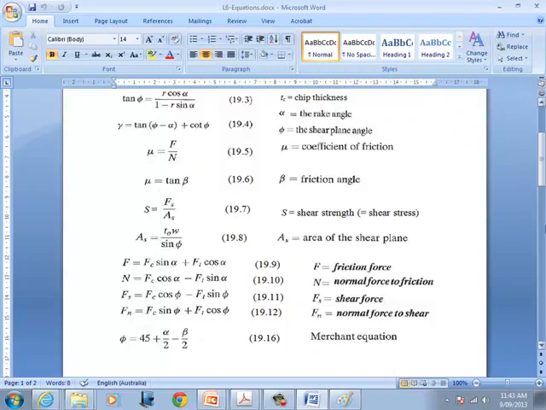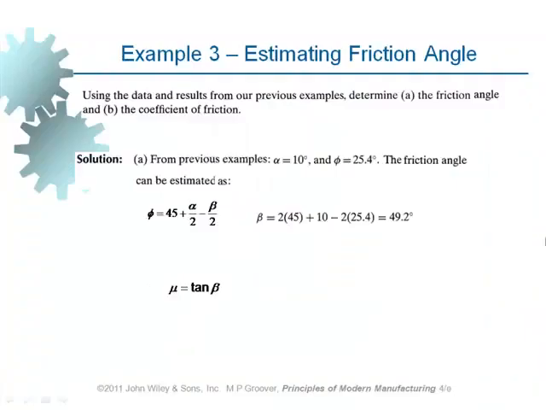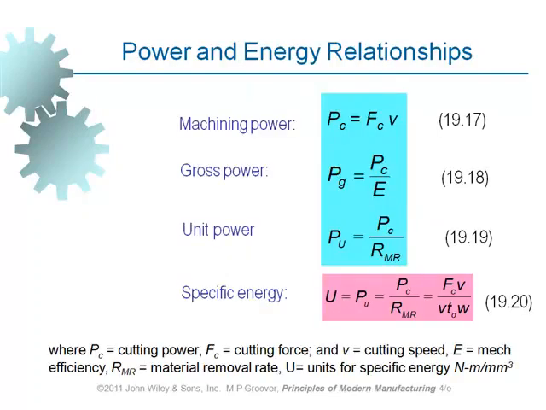By making use of Merchant equation, we can compute the value of beta, and when we have the value of beta at hand, it's not hard to compute the value of mu, which is requested in this problem. Okay? Well, any questions on Merchant equation before we move on to the next topic?